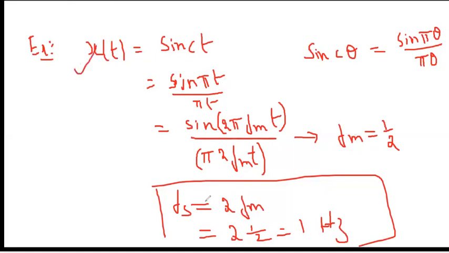The sampling frequency Fs is equal to 2 into Fm, which is 1 hertz, for the sinc function sinc t, my dear students.